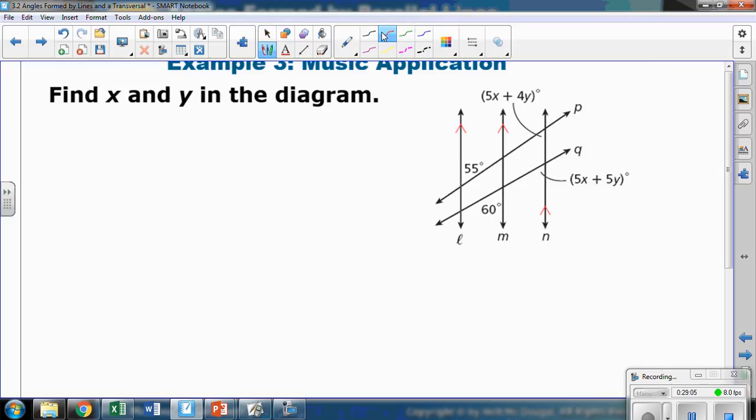First thing I'm going to note, right here I've got a 60-degree angle. And remember, every single pair of angles only have two options. They're either equal in measure, or they will add up to 180. Just look at the picture and tell me, where are all the angles that are the same as this 60?